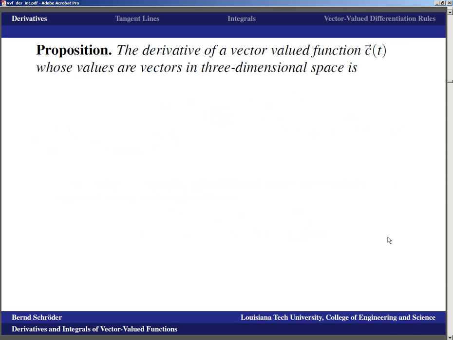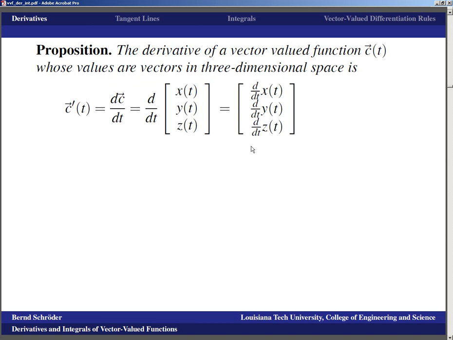Okay, a quick proposition that is going to make our computations a lot easier. If I want to take the derivative of a vector valued function c of t whose values are vectors in three-dimensional space, then that derivative c prime of t, also dc dt, is the derivative with respect to time of the function x of t, y of t, z of t, and it can be taken component-wise.